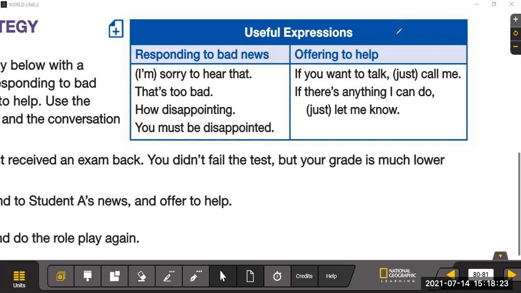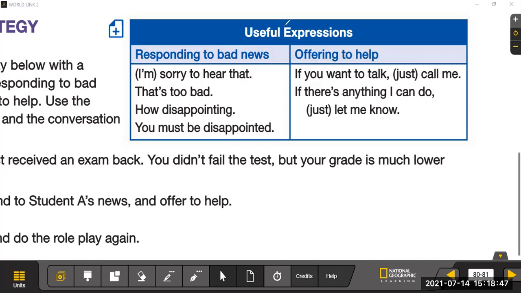And then we offer to help. If you want to talk, just call me. If there's anything I can do, just let me know. Sometimes we can't do anything, but anyways, we offer to help that person.